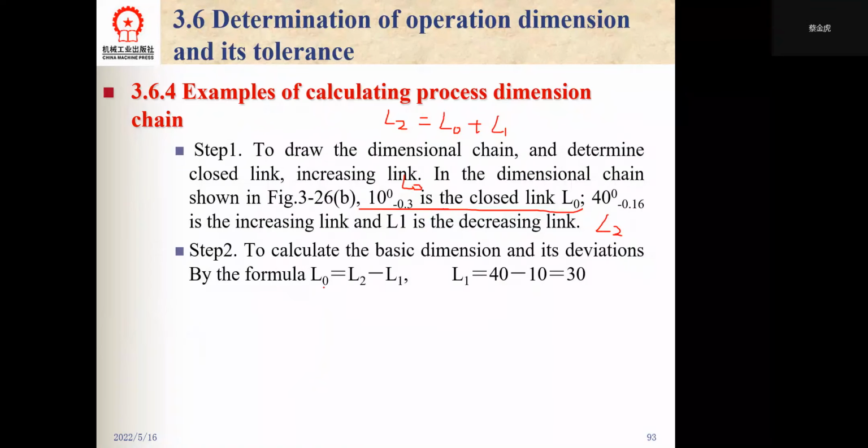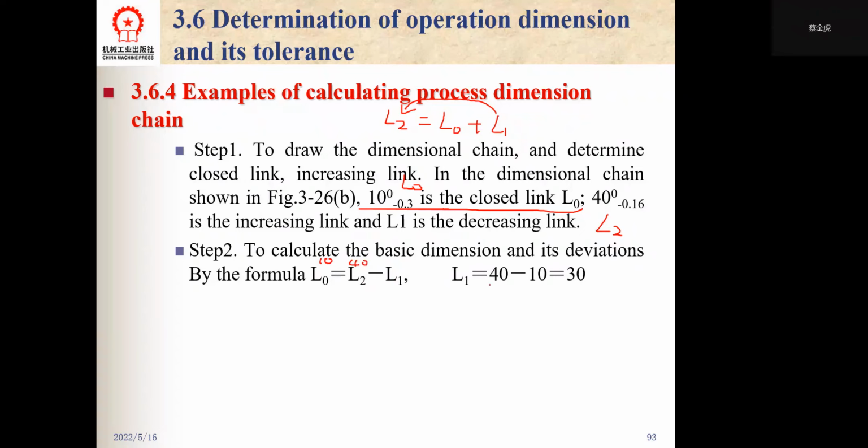We get L1 equals L2 minus L0. The basic dimension of L0 is 10, L2 is 40, and we want to calculate L1.